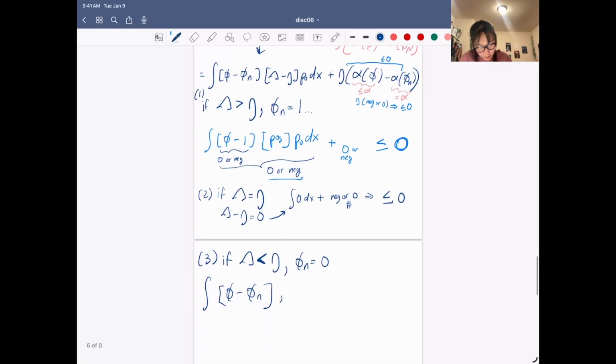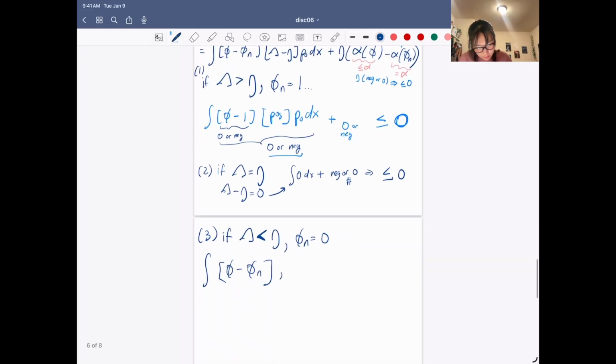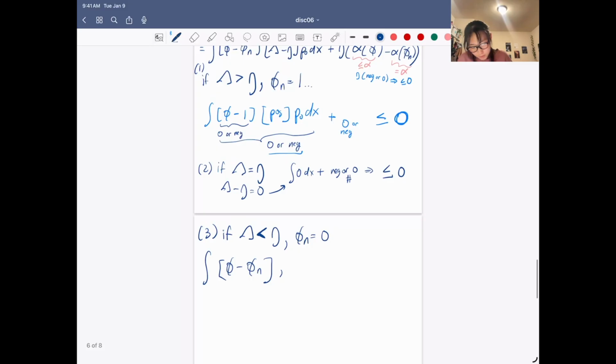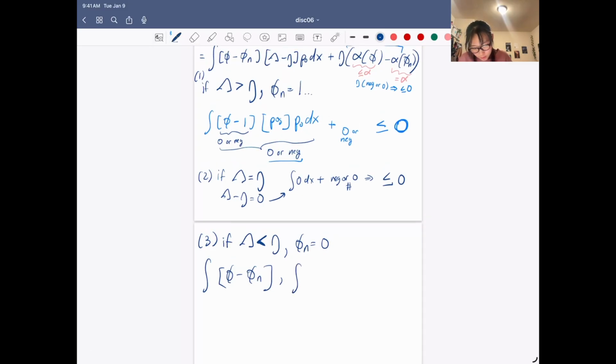In this left part, we basically have the integral of phi minus 0. And since phi is always going to be greater than or equal to 0, as it's that test that outputs some number between 0 and 1, this whole thing must be a positive number.